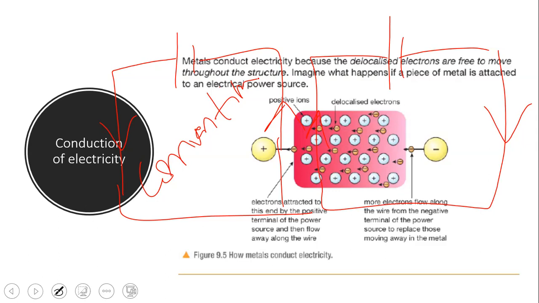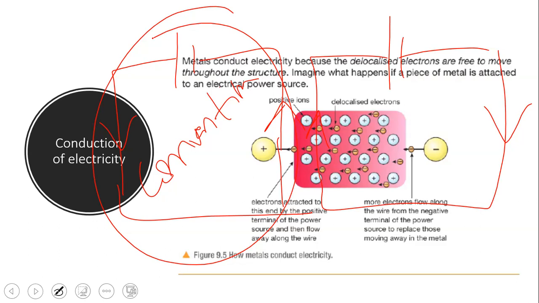So electrons are moving from negative to positive. That is how electrons move. They are moving from negative to positive, and your current is the flow of negative electrons. But since positive to negative had already become standard and widely accepted, it stayed behind and they named it conventional current. This is the conventional traditional current, and then you have the actual flow of electrons, which is negative to positive.